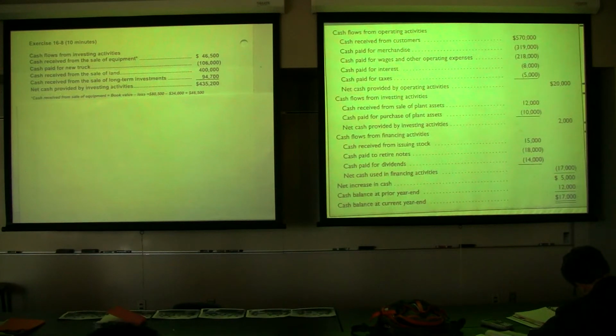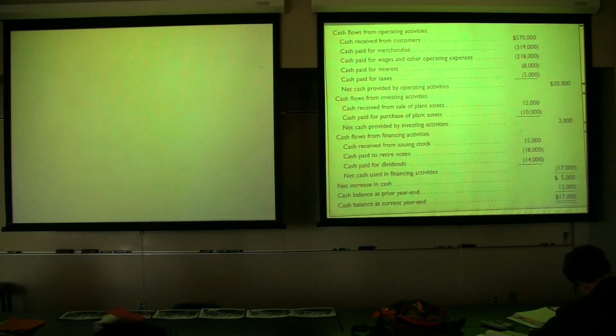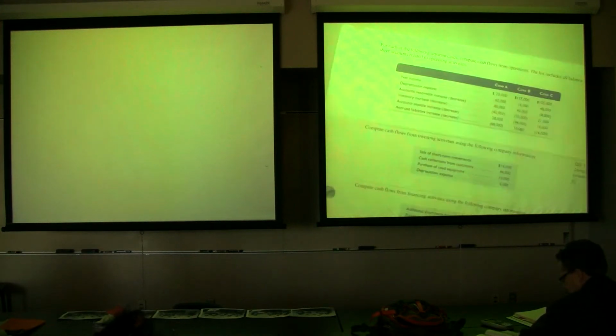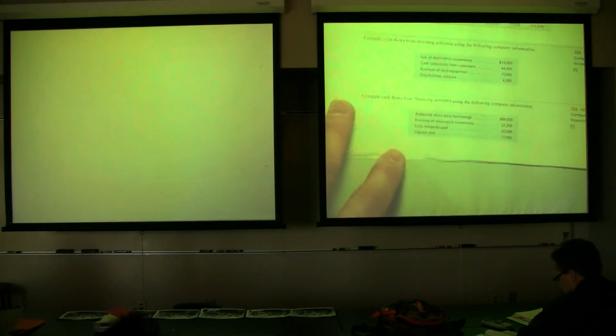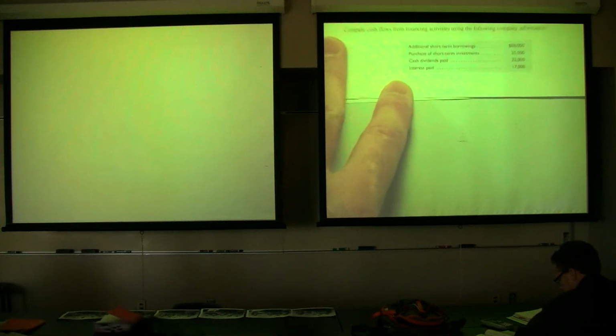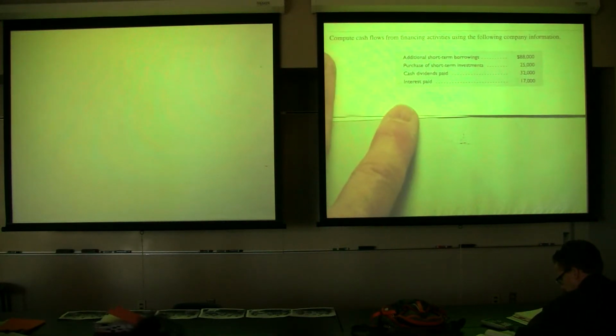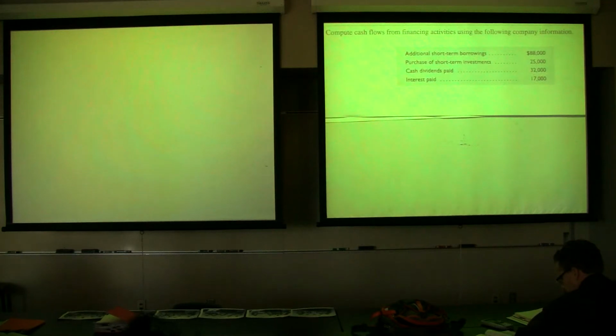So here's how it reads. Compute the cash flows from financing activities using the company information: additional short-term borrowings, purchase of short-term investments, cash dividend paid, interest paid.